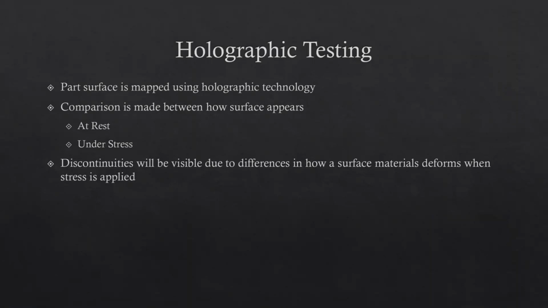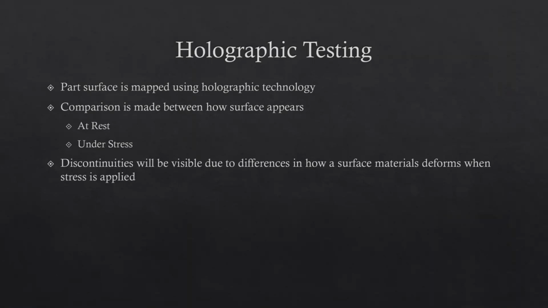But with holographic testing, it's about when a material reacts to stress. If it's been damaged, or if it's not homogeneous in its structure because of damage, or because of a crack, or because of a disbond, or because of a pocket between layers, that kind of thing, that stress will not be carried evenly through the structure.